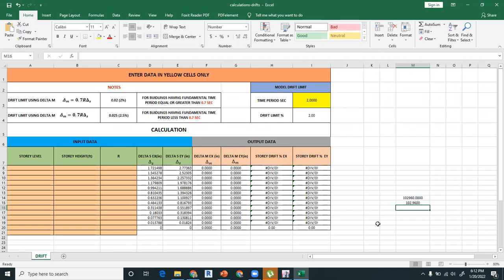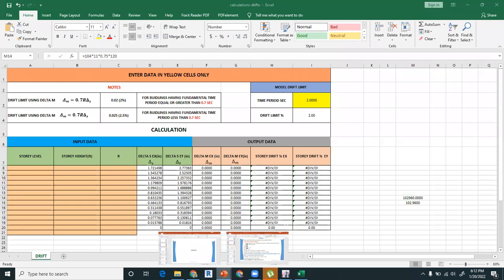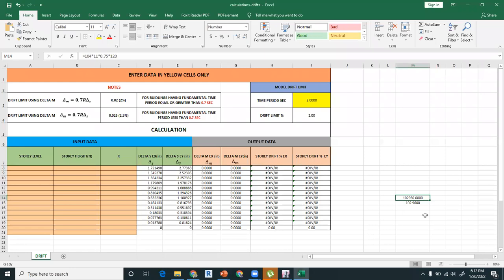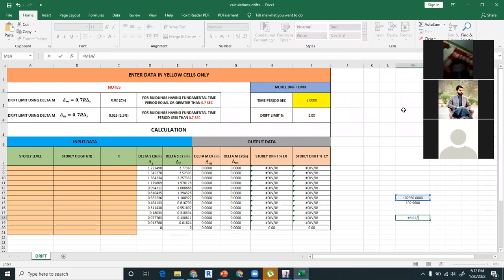So now we have 102 kip total load, and this is in pounds. So we have to convert this into PSF. So we have to divide this by 20 into 27. This was a very good point, that we forgot to multiply with the density of the brick.